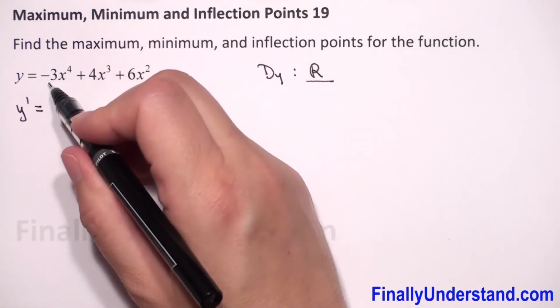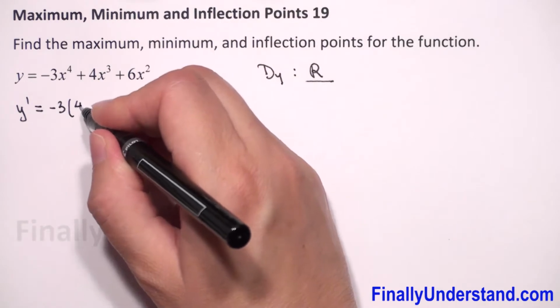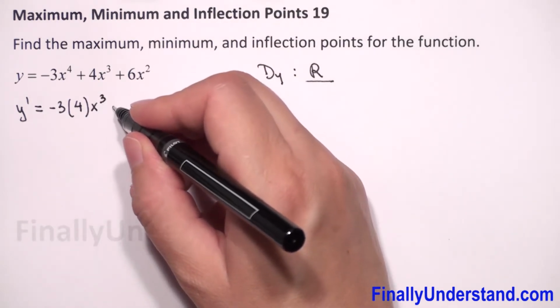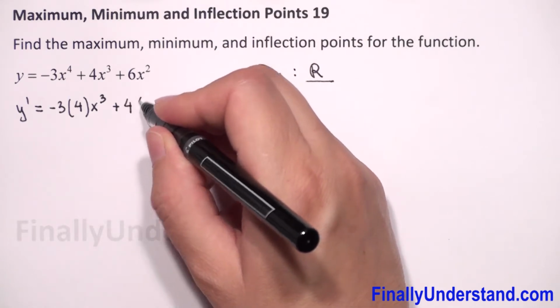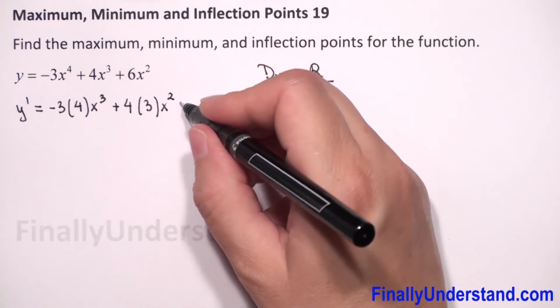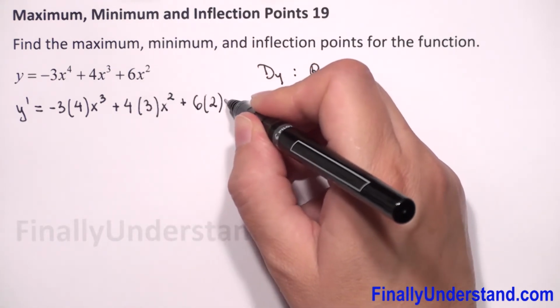So the derivative of negative 3x to the 4th is negative 3 times 4 times x to the power 3, plus 4 times 3 times x to the second power, plus the derivative of 6x squared, which is 6 times 2x.